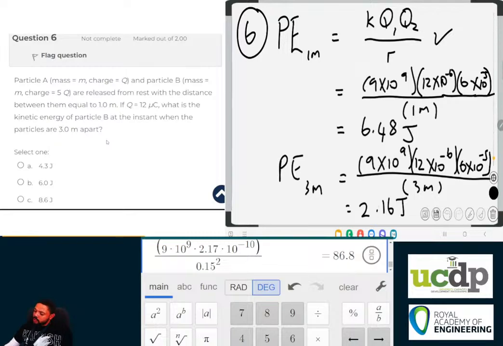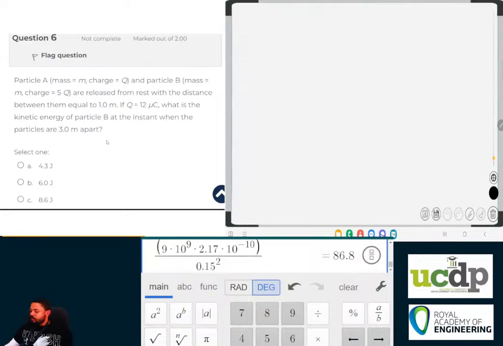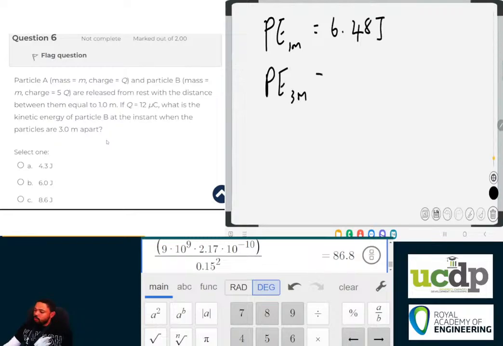which means this difference in potential energy has been converted to kinetic energy in a closed system. The potential energy when it's 1 meter apart is 6.48 joules. The potential energy when they are 3 meters apart is now 2.16 joules, which means it has lost potential energy.